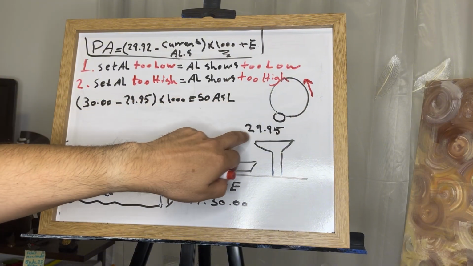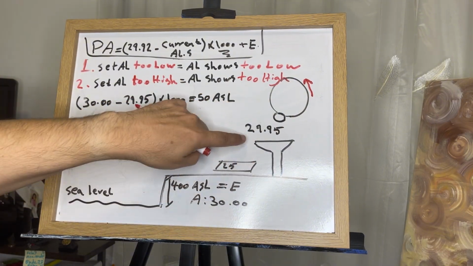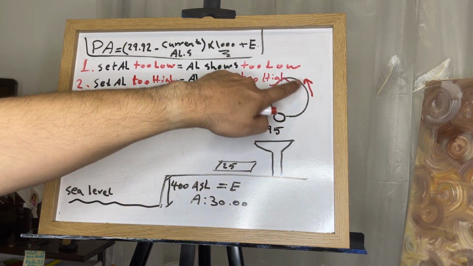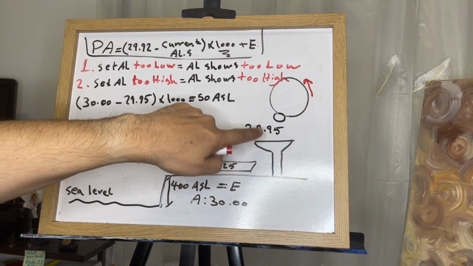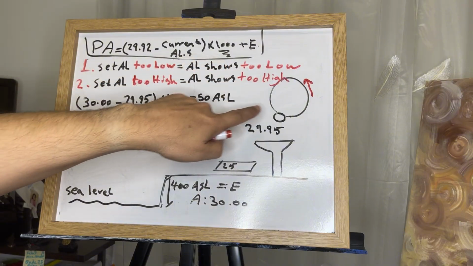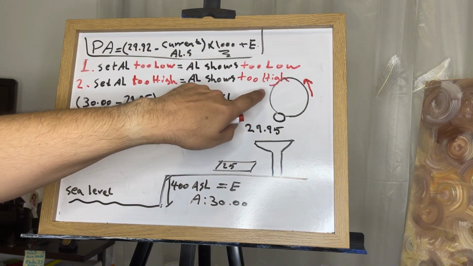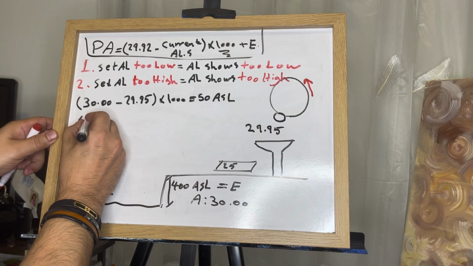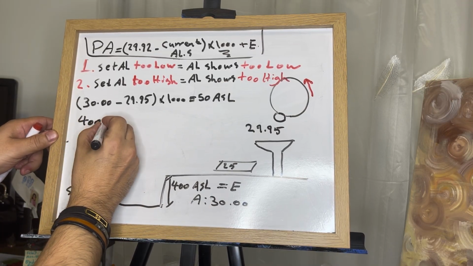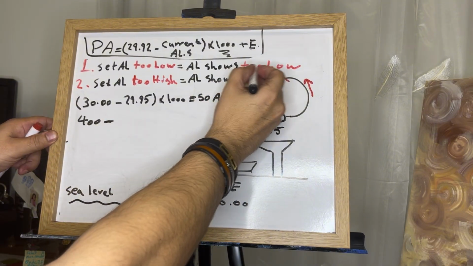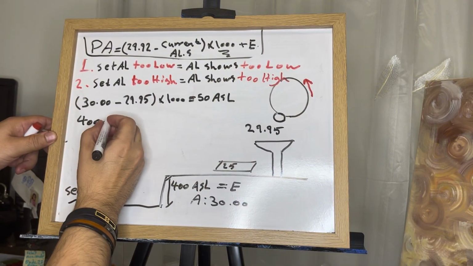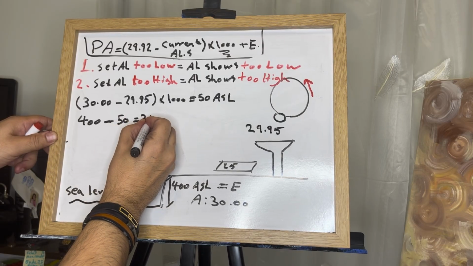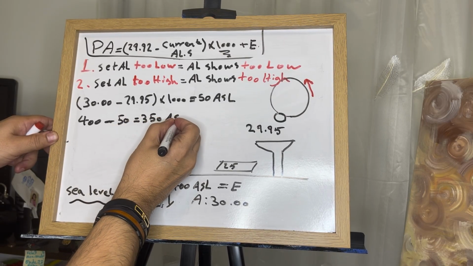So you set the altimeter too low, because this number compared to local pressure is lower. The altimeter shows too low, how much? 50 feet from the elevation. Elevation is 400 feet, minus 50 feet because the altimeter is set too low, equals 350 feet above sea level.